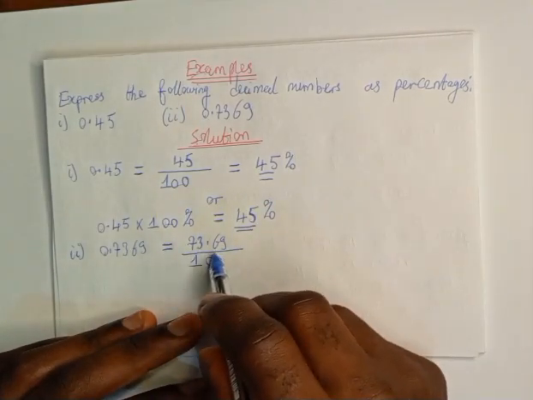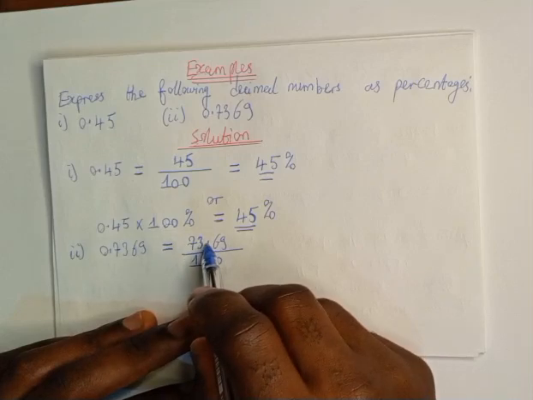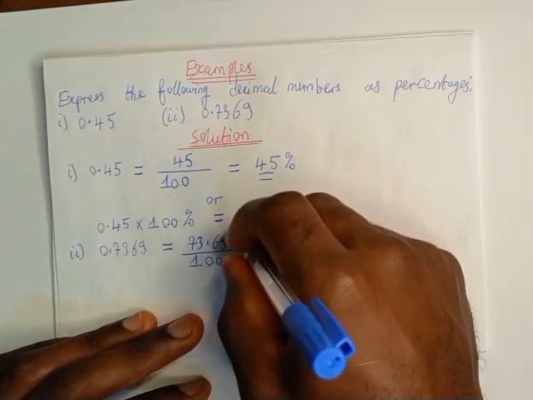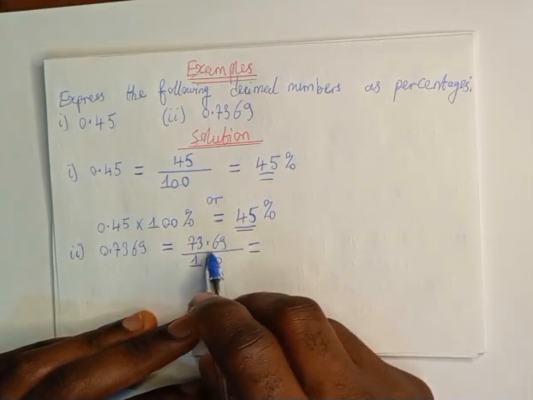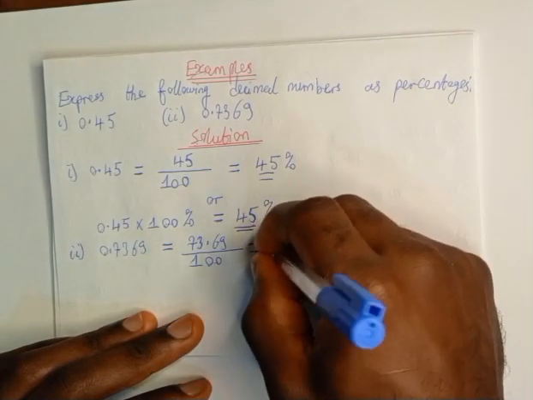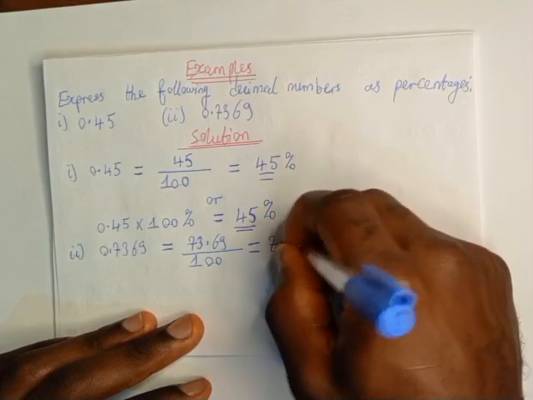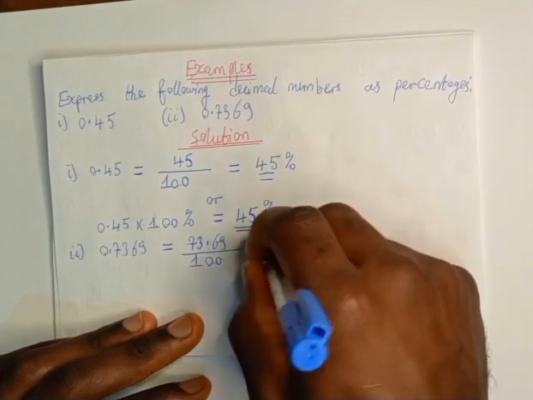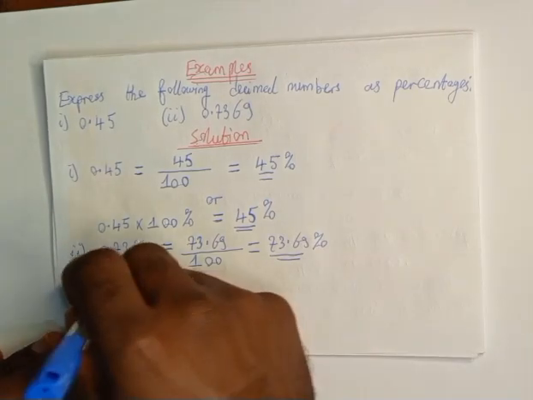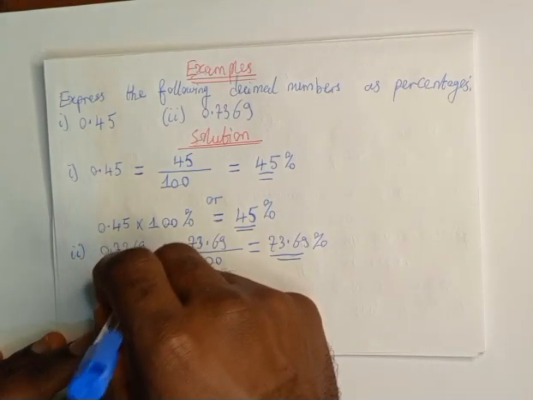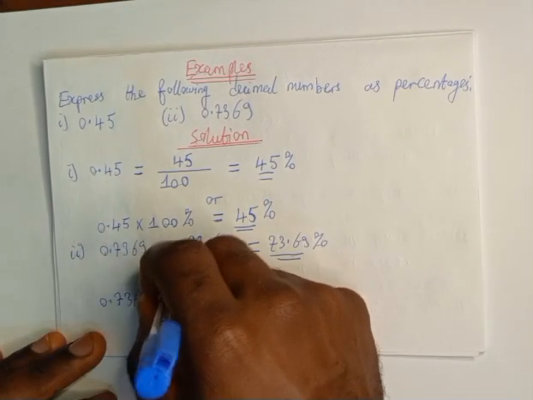Dividing 73.69 by 100, we are simply going to move this decimal point 2 places to the left, 1, 2. This will simply be equal to 73.69 out of 100, which is 73.69%.